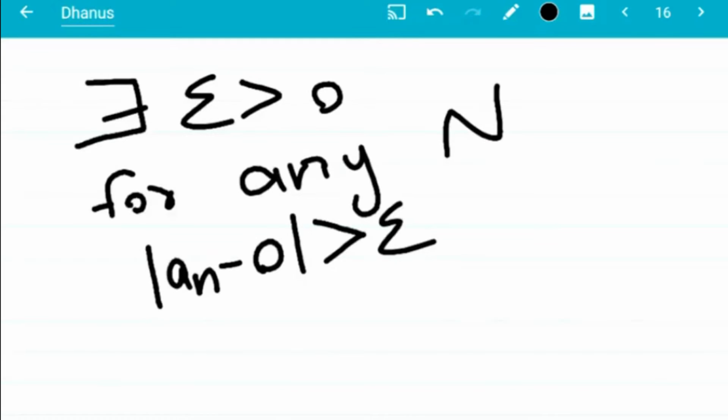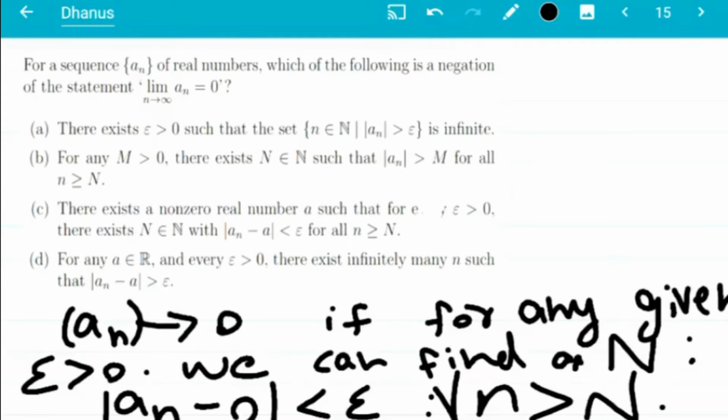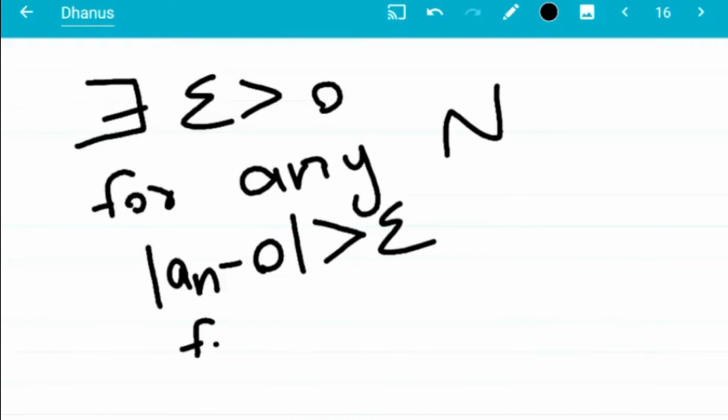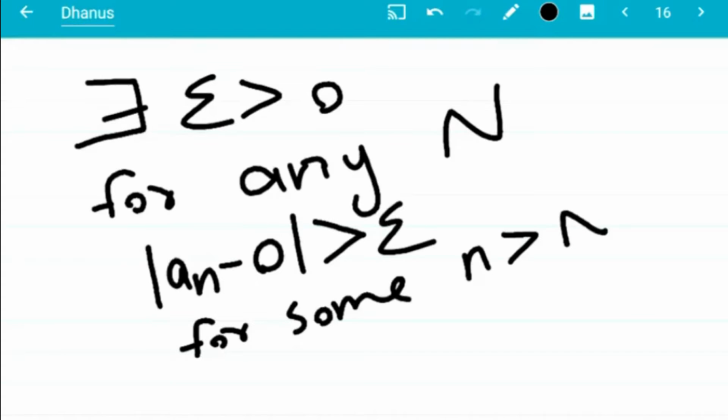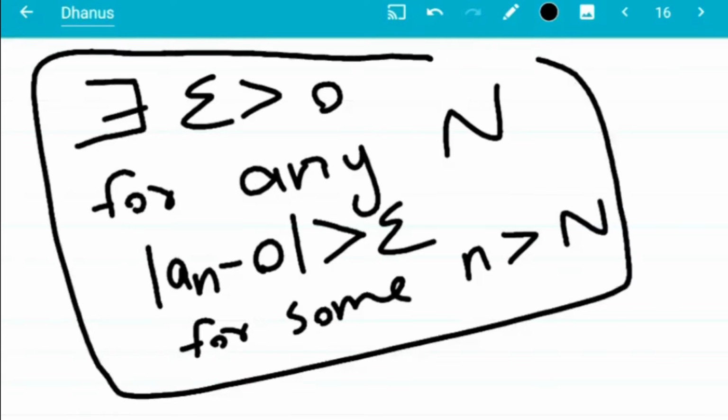That was for all n greater than N, and the next thing will be for some n greater than N. The negation should satisfy all these things, and we can check the options that satisfy all these.